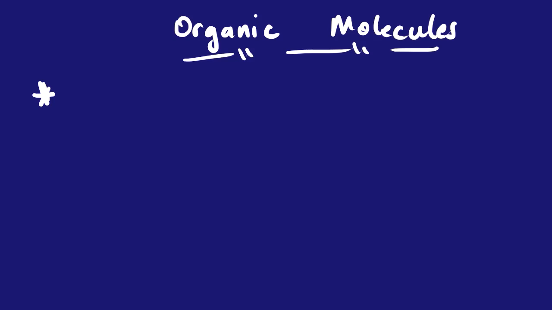Other compounds may consist of two or more elements. As long as we have a compound, a molecule that contains carbon atoms, you should know that we are talking about an organic molecule. So what is important is to know that organic molecules contain carbon atoms.